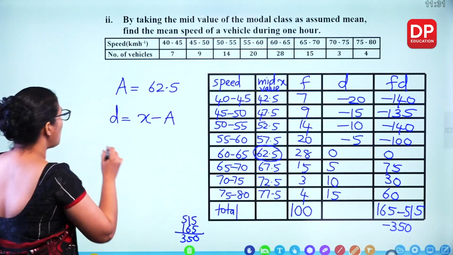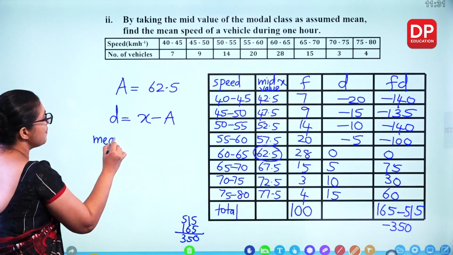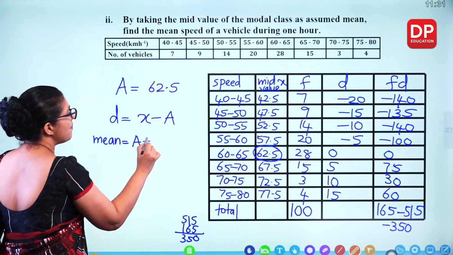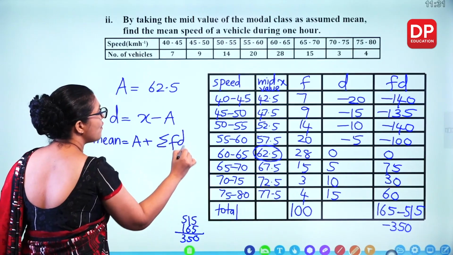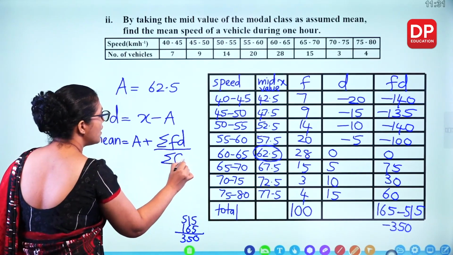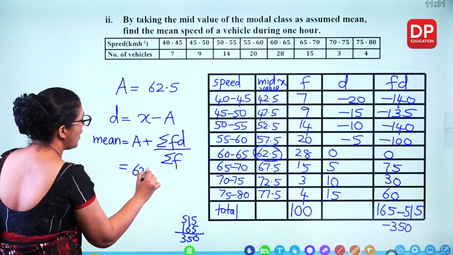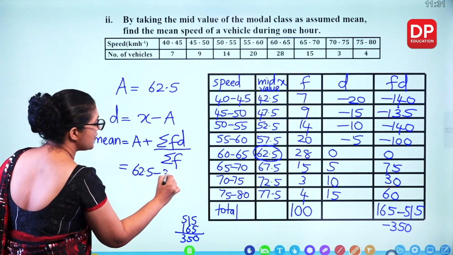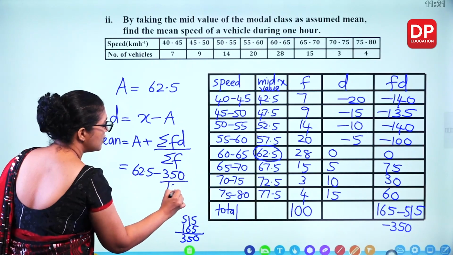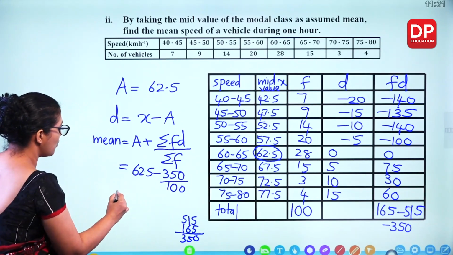Now you can use the formula. So how you calculate the mean? Assumed mean plus sigma FD, total of FD divided by total of frequency. So substitute now. 62.5 minus 350 over 100, total frequency.